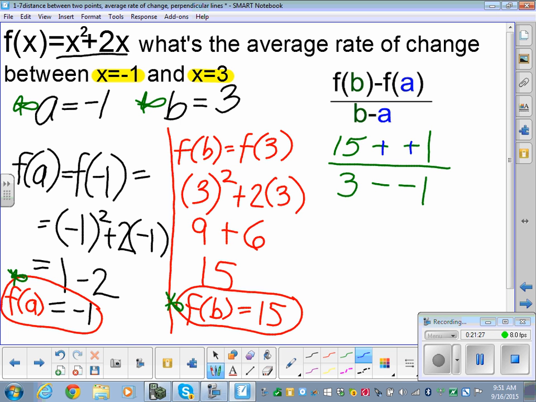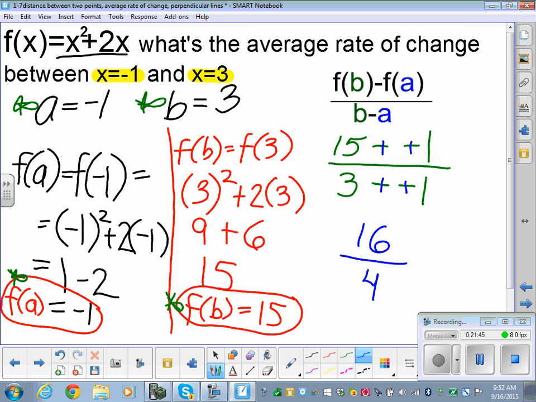Okay, so 15 plus positive 1 is 16 on top and on bottom. 3 minus -1. Only because we're minusing a negative do we change the signs here. Okay, 3 plus positive 1 is 4.